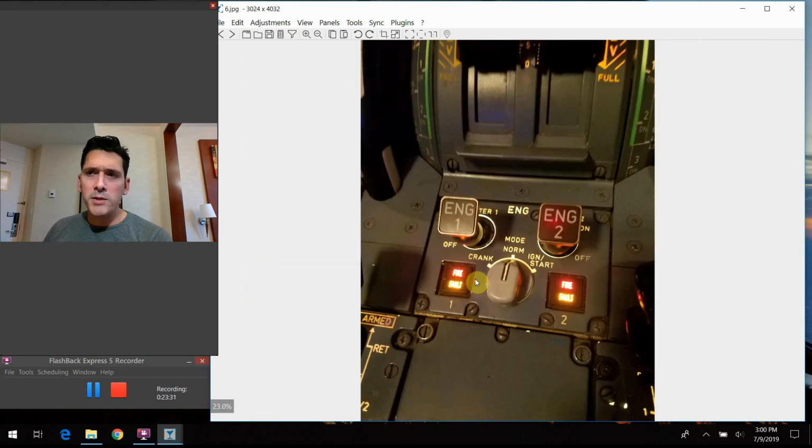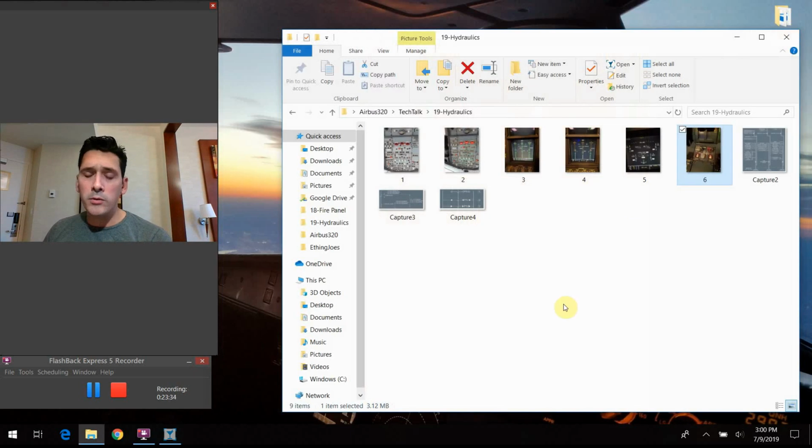And the second question that he had, once again, another really good one. He asked about disengaging the IDG, in other words, when pushing the fire push buttons, does it result in the same action as pressing the guarded IDG disengage push button switch on the overhead panel? Once again, a really good question.